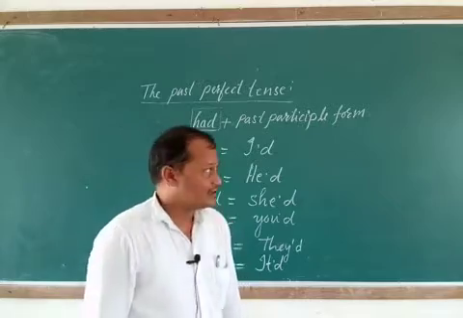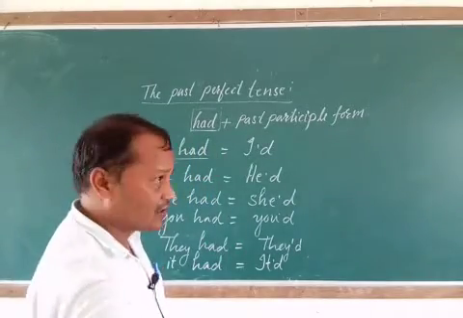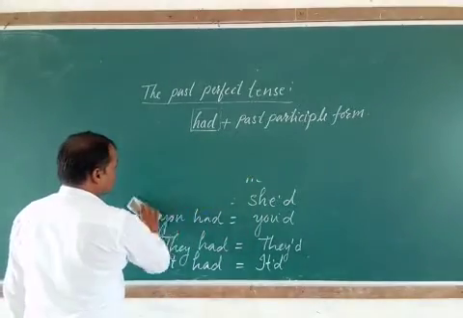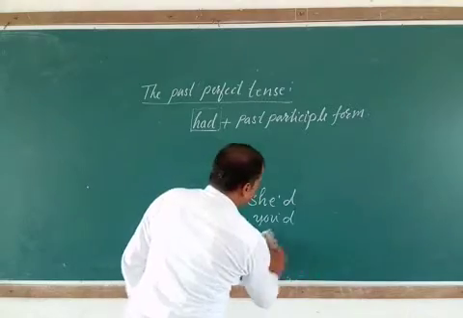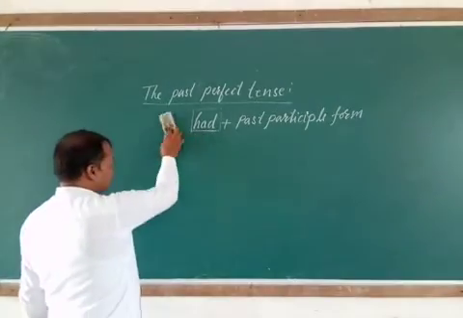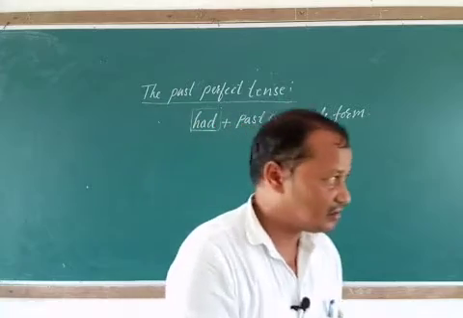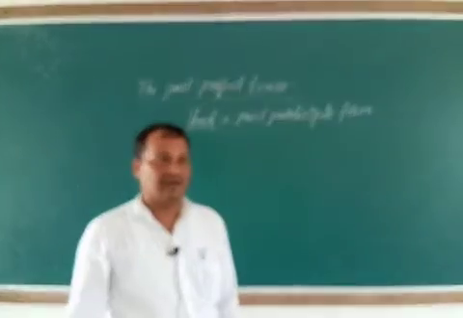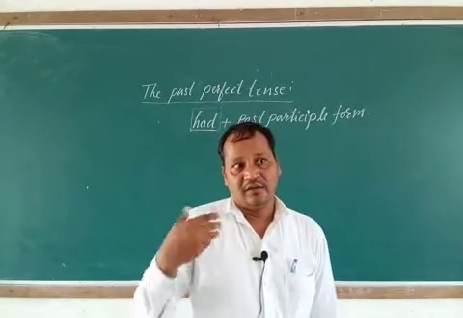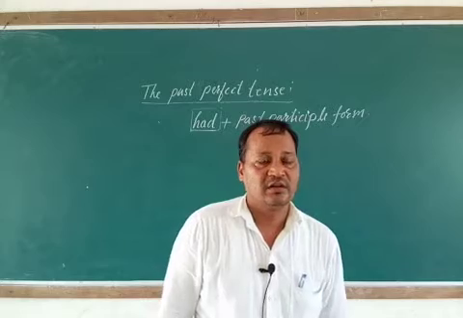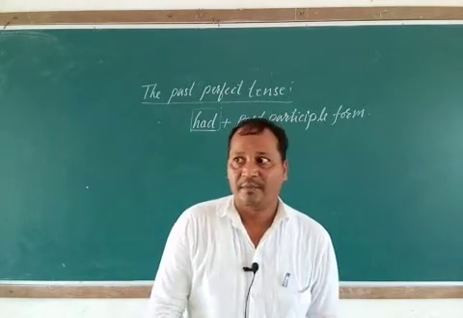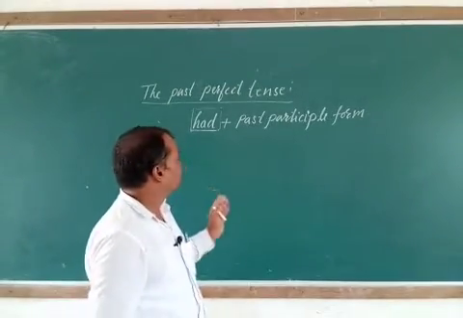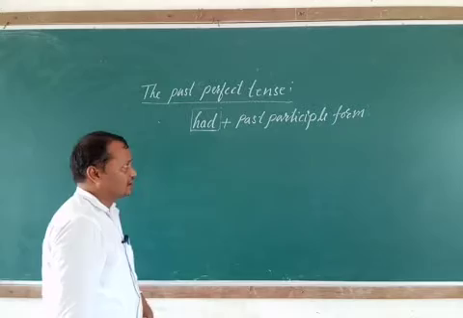Now let's see a few examples so that we can make it clear how we can use this tense and what are the contexts where we can use this tense. So I told you that if two actions had happened earlier in the past, for the first action that had happened earlier before the second one, we use past perfect tense for the first action and simple past for the second action.